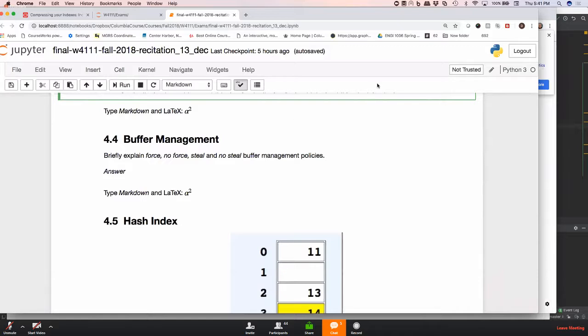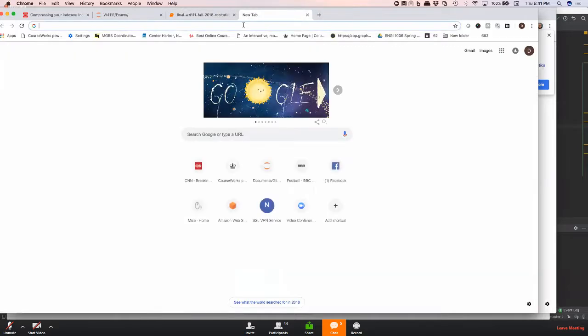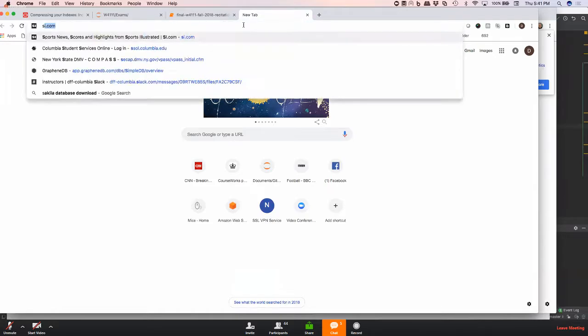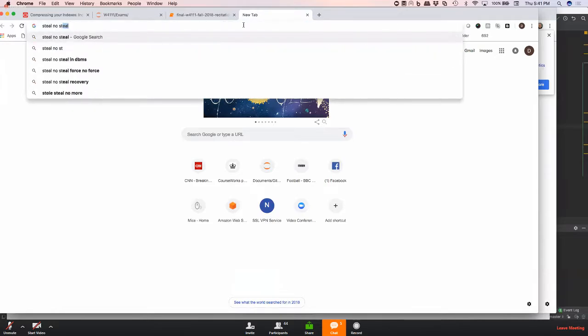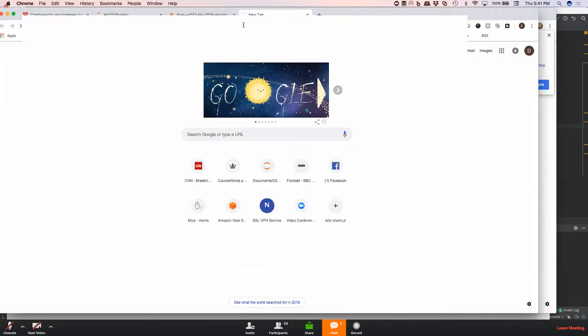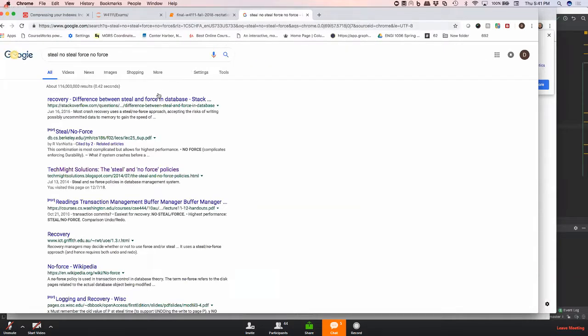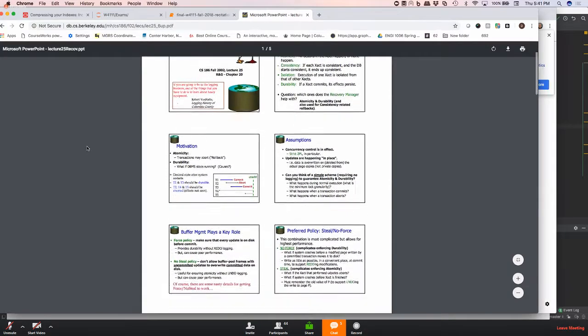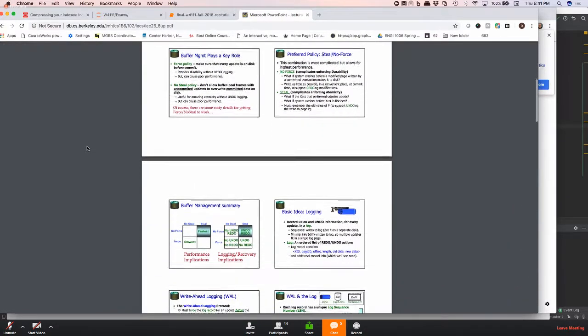An alternative answer, which I will accept, is probably actually the PDF where I stole the diagram from.